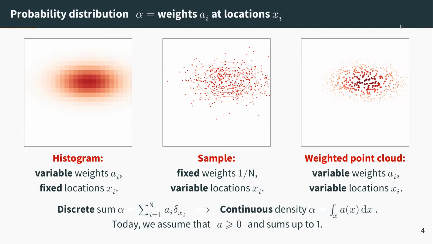So from a mathematical perspective, the standard mathematical notation to talk about those objects is to say that alpha is a discrete sum of weighted Dirac masses. So here, I write that alpha is equal to the sum for i that goes from 1 to n of a_i delta_{x_i}. And delta_{x_i} essentially represents a probability distribution which is always equal to x_i.